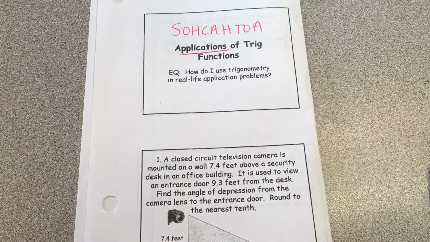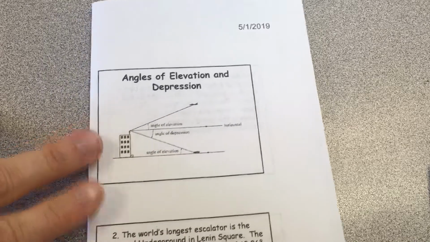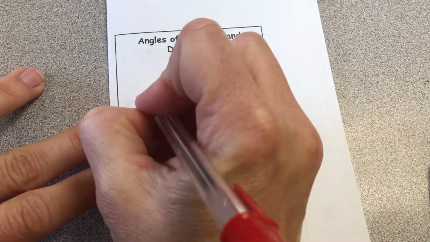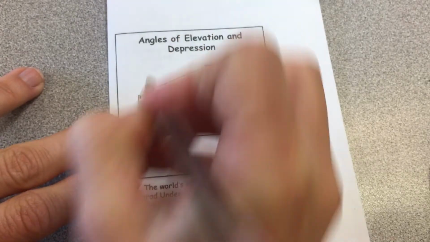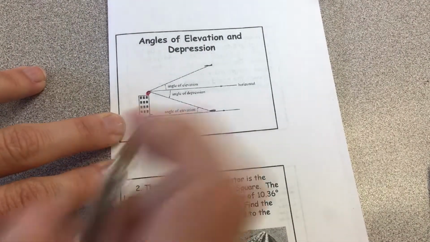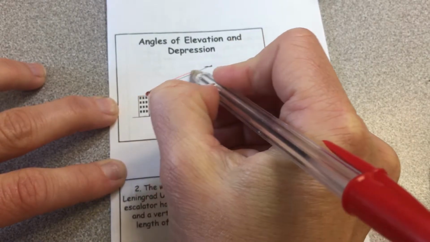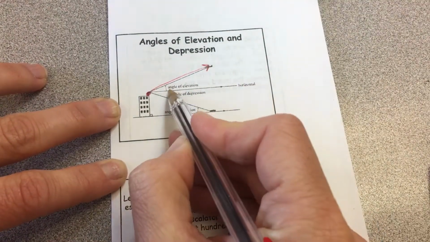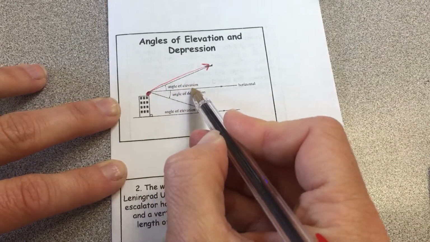All right. So here is something that looks like it's going to be confusing, but it's actually not that hard. Here's a person right there. And when they look up at an airplane, that's called an angle of elevation.